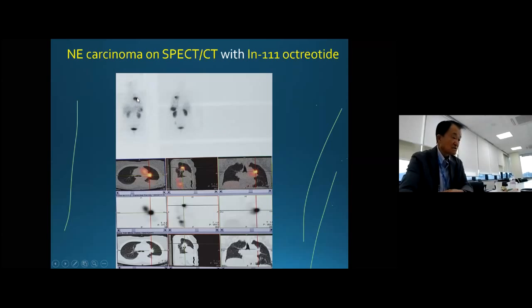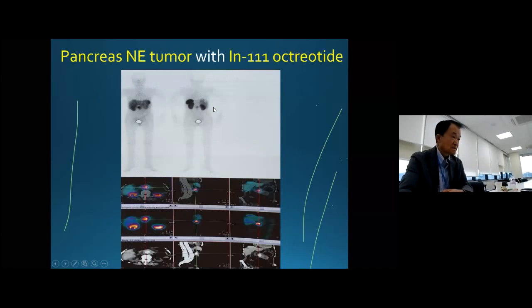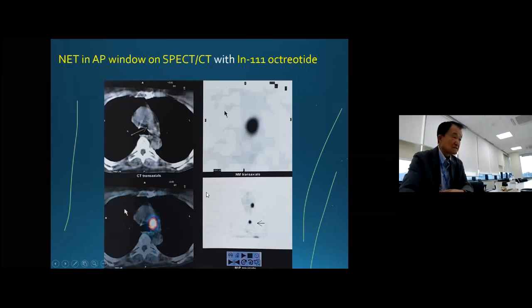FDG also shows very intense uptake in this kind of tumor. And obviously the pancreas lesion shows. And obviously this is an AP window lymphatic chain here, very focal and intense, in addition to maybe the left submandibular area or left cervical lymph node metastasis.